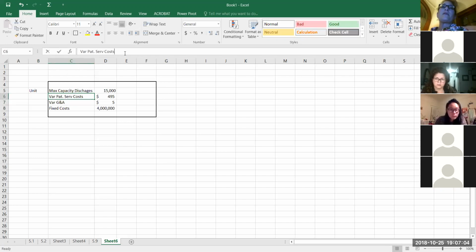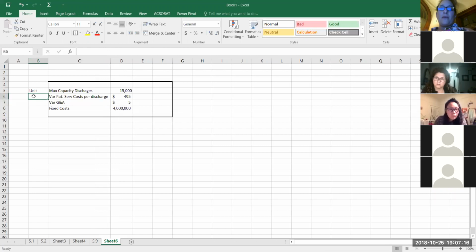Per discharge means every discharge gets charged this amount. So that is essentially a per unit amount, or another way to say it is a rate. Rates can come in lots of different sizes, but when you read your problem, you have to know what's a rate and what's a unit.